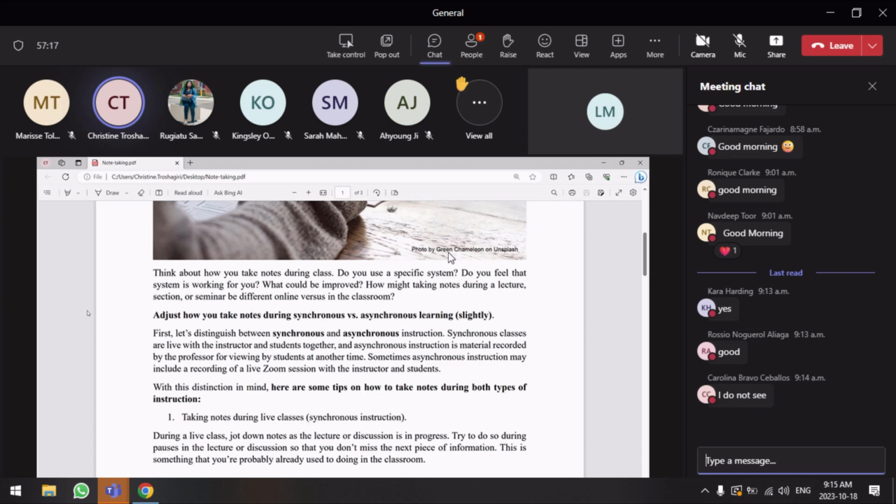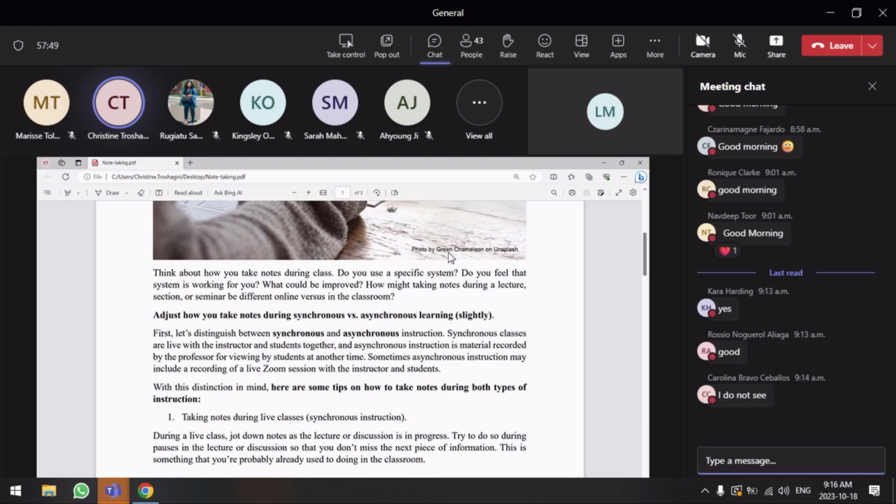Right now, since this is a course at the college, we are going to focus more on college note-taking procedures rather than work. However, I will also provide you some work-related topics to enhance your knowledge. Now, adjust how you take notes during synchronous versus asynchronous learning slightly.